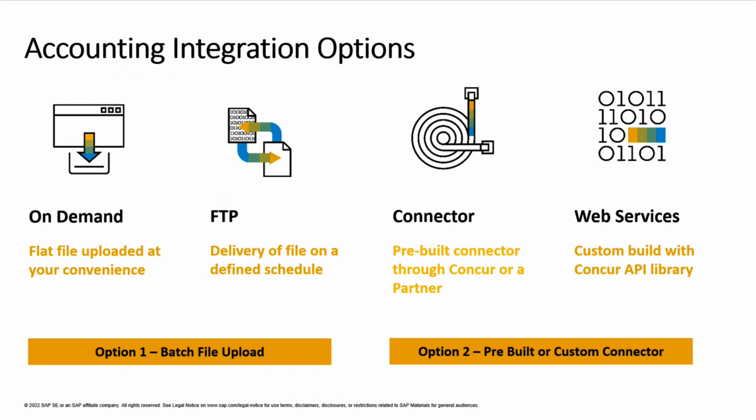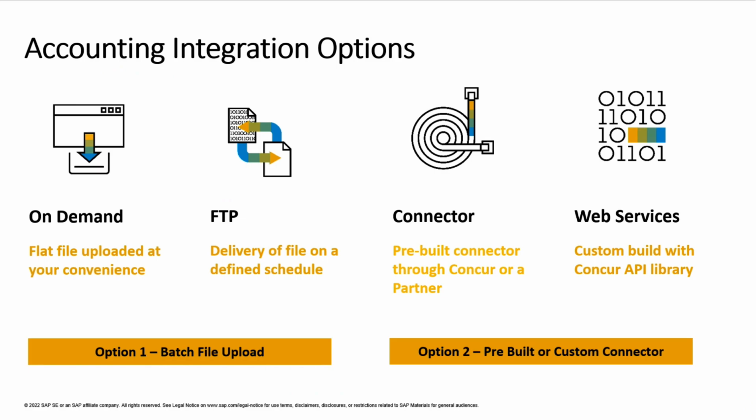This file can be done on demand, or we can further help automate that process for you by using a secure file transfer protocol to run that file transfer on a schedule with assistance from your IT resources, who then can schedule the retrieval of that file as needed.